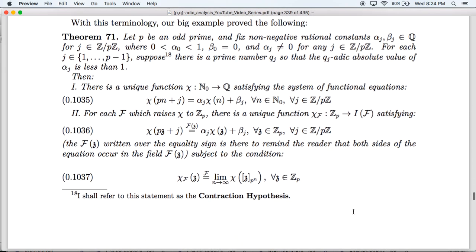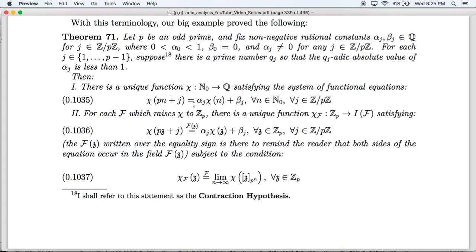With that, everything that we were arguing above shows the following. Let p be an odd prime and fix non-negative rational constants alpha_j, beta_j for j from 0 to p minus 1, where alpha is between 0 and 1, beta_0 of 0, and alpha_j is non-zero for all j. Then for each j from 1 to p minus 1, we suppose there is a prime number q_j so that alpha_j has a q_j-adic absolute value that's strictly less than 1. I'm going to call this hypothesis the contraction hypothesis.